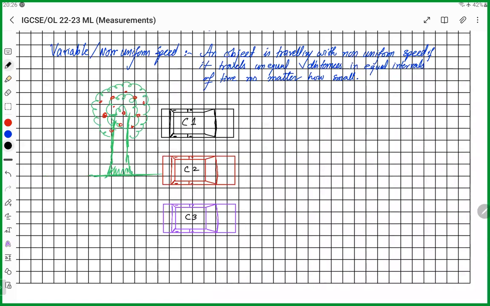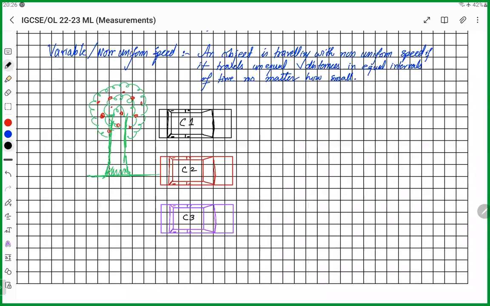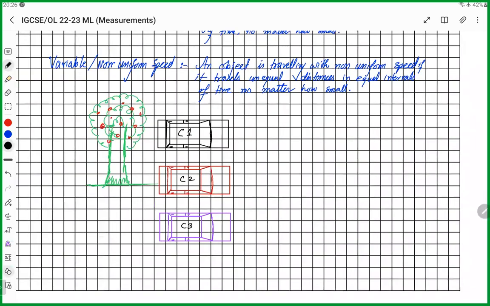Okay, they are moving with respect to the tree, and somebody recorded how much distance each car is traveling in a certain amount of time. I'm making a table. Here we go.